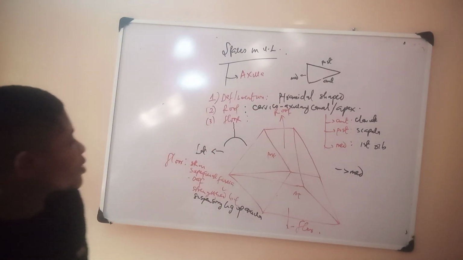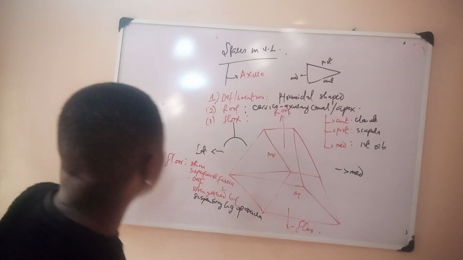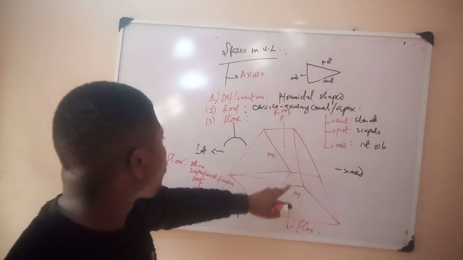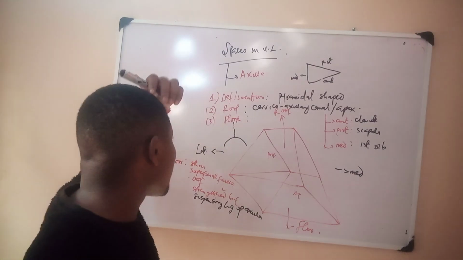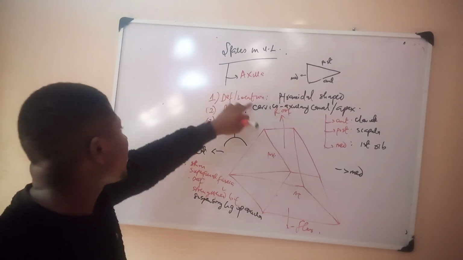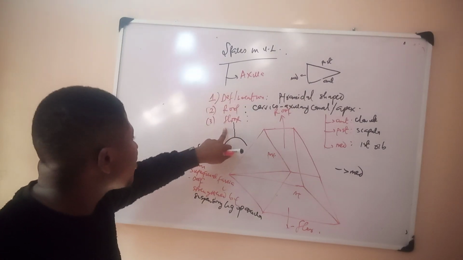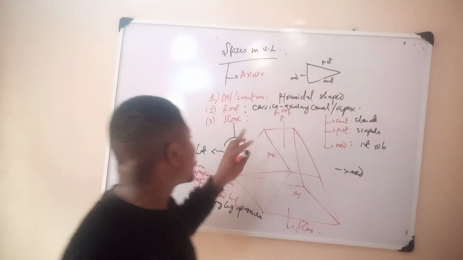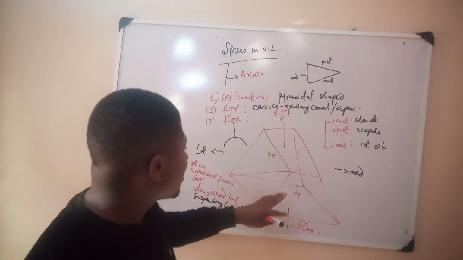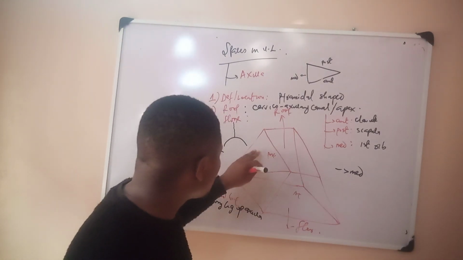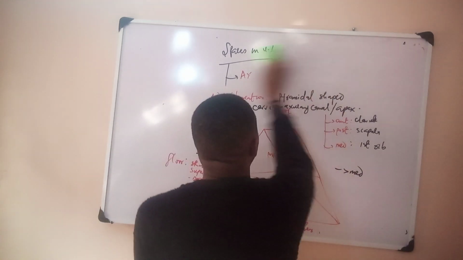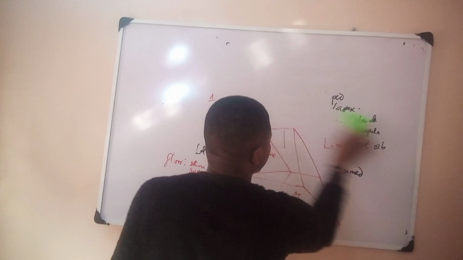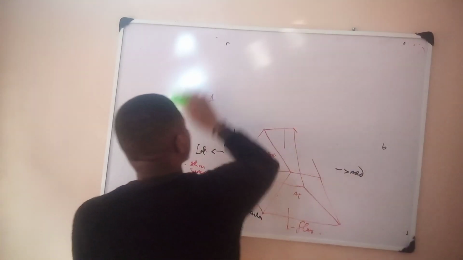So the next thing is what? Let's look at the boundaries, because if you remember definition, location, ABC, roof and floor. So we said after defining and locating, we talk about the roof, the floor, then the boundaries. If you look at the boundaries, we have anterior wall, posterior wall, medial wall, and lateral wall. Okay, I think we are done with this.